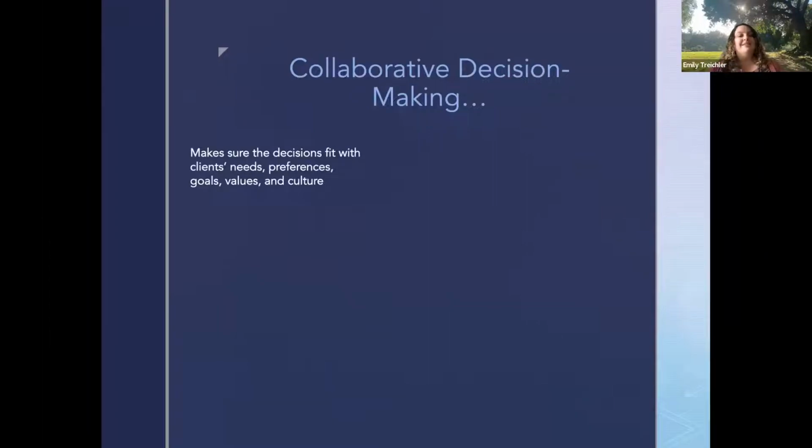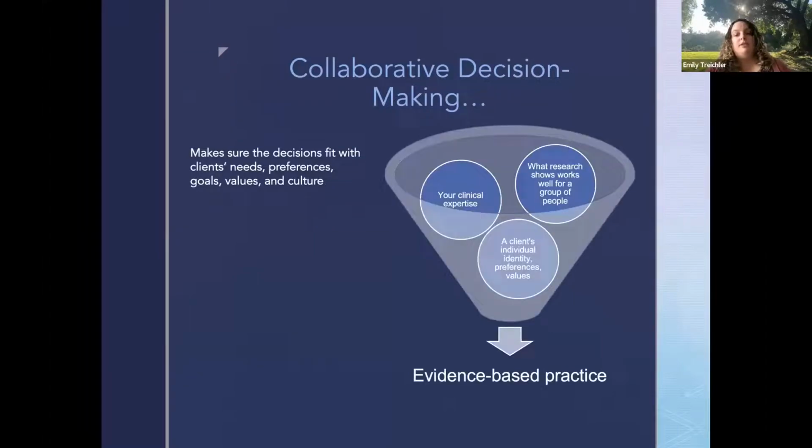And then the second element is to make sure that decisions fit with client needs, preferences, goals, values, and culture. And I think about this as how it relates to evidence-based practice. So many of you are familiar with this model, I'm sure.